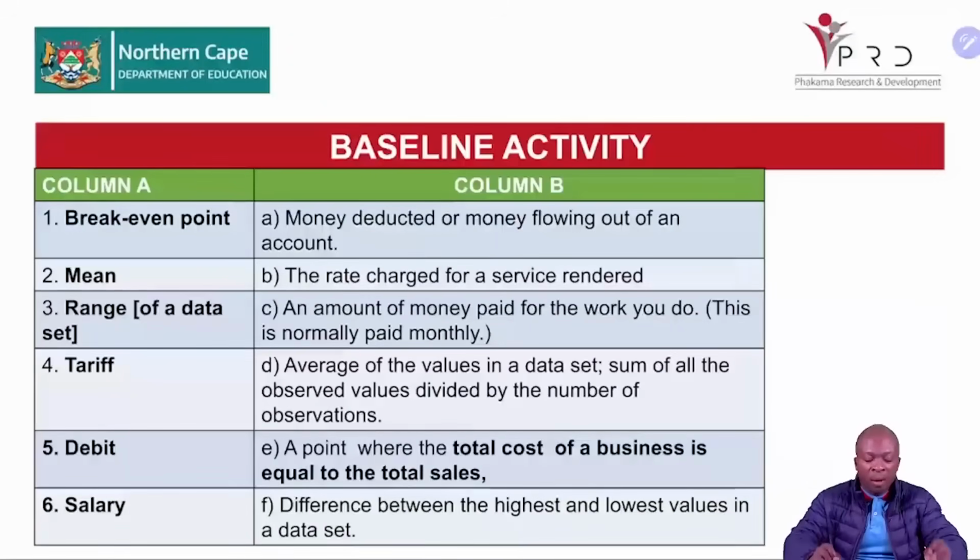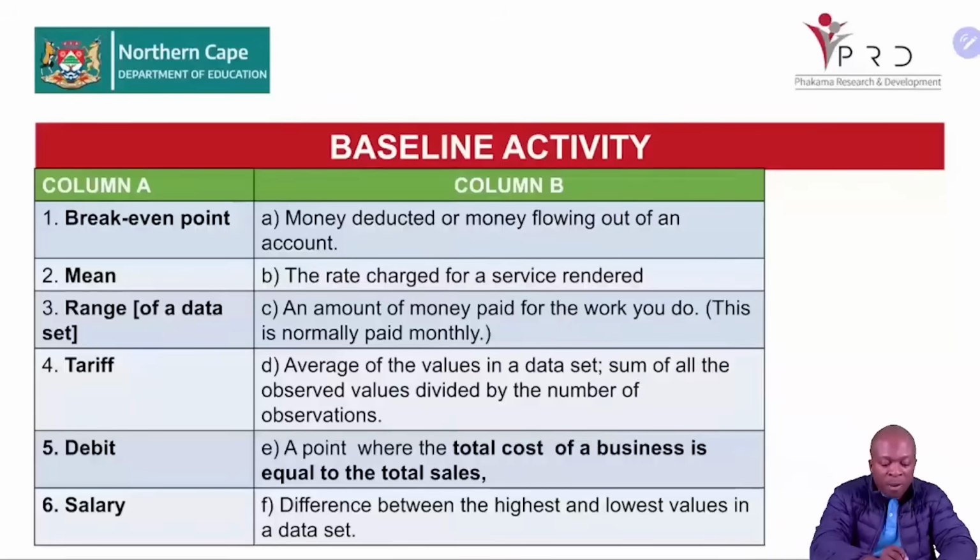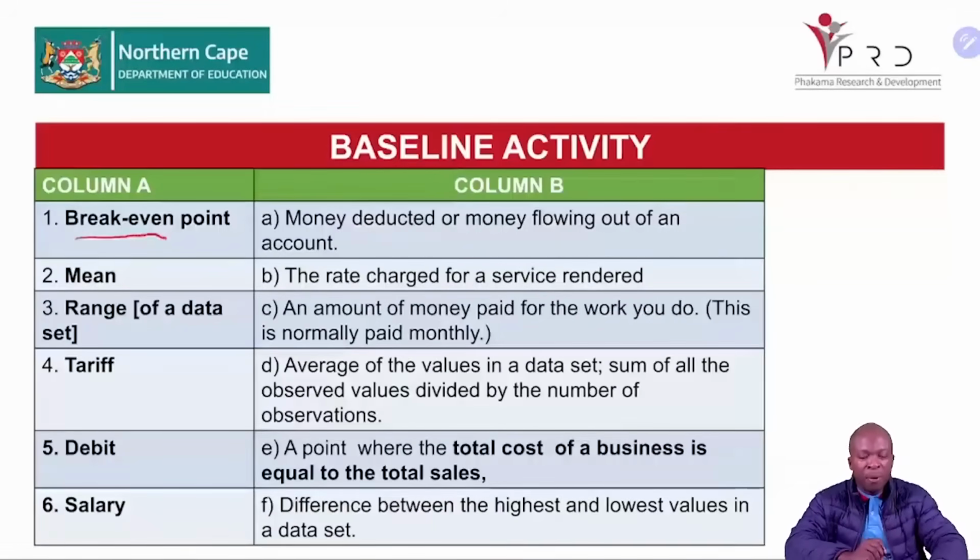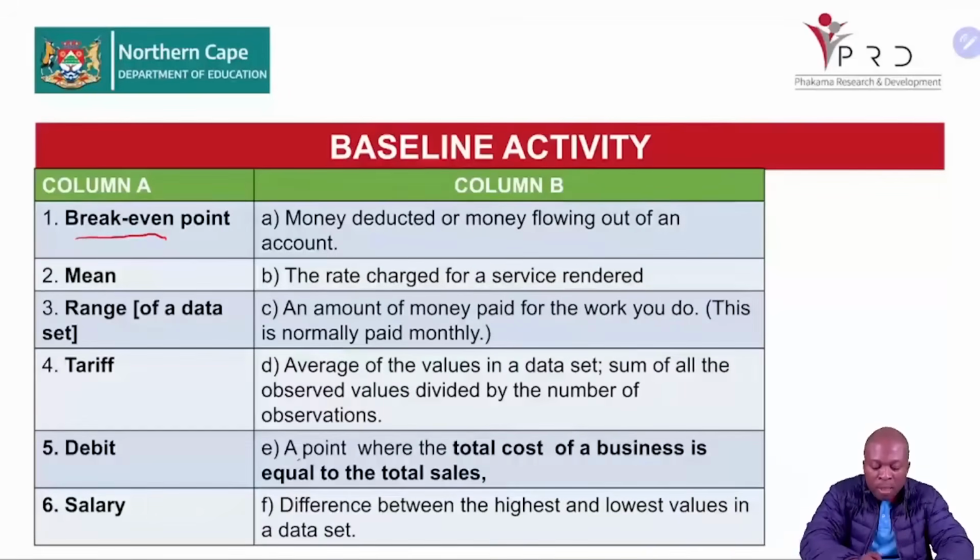Let's start with the first one. Whenever you see break-even point, what do you think we are speaking about? You will see here a point where the total cost of a business is equal to the total sales. So our answer here is E.